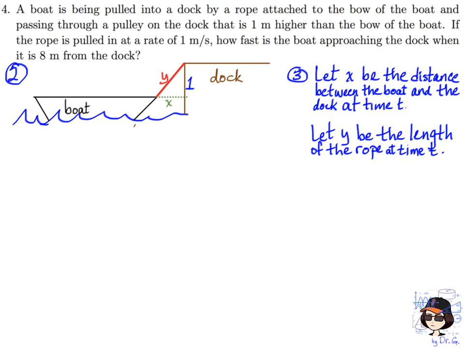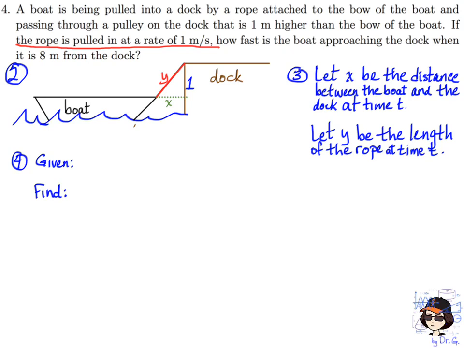Okay, so now we're at step 4. We're going to state what we're given and what we're asked to find. So I'm going to write given and find. So I am given this rate, the rate at which the length of the rope is changing.